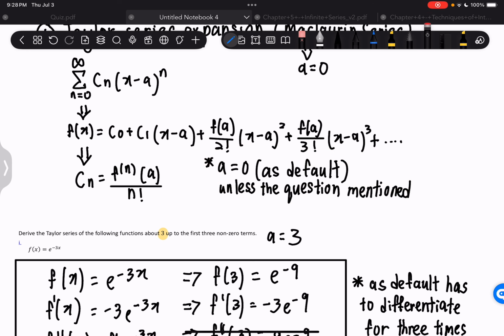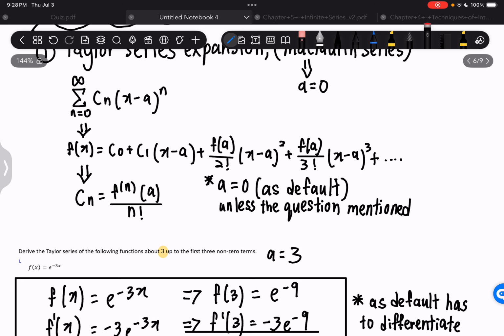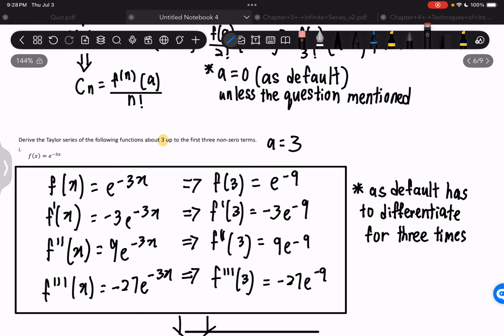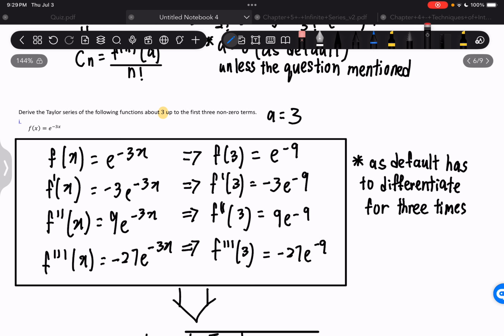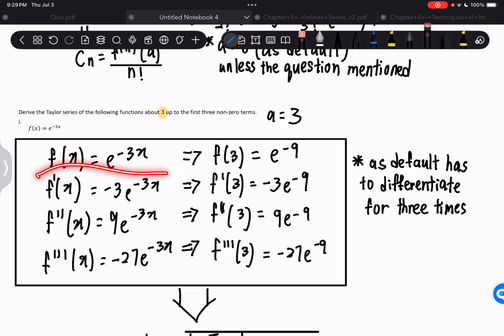Now I'm going to show you how the question looks when a is not 0. As you can see, the question says: derive the Taylor series of the following function about 3, up to the first 3 non-zero terms. From here, we know that our a is not 0, but 3. So what's the first step? The first step is we need to differentiate f(x).